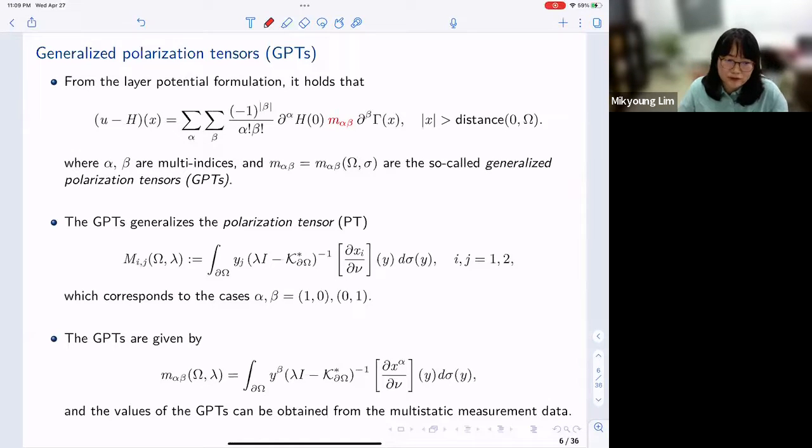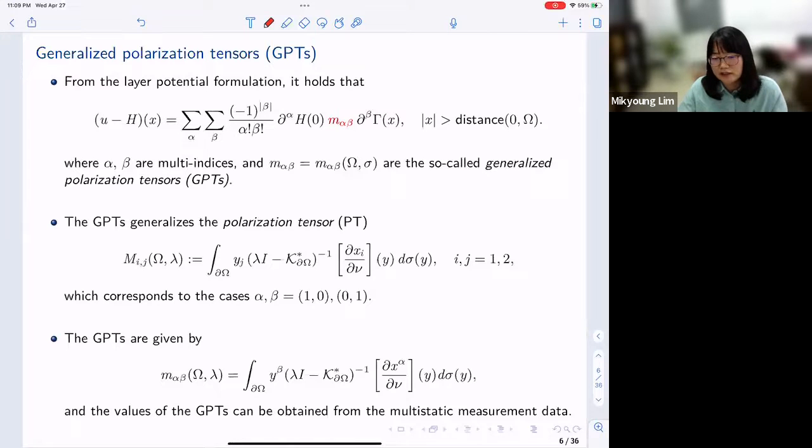And for the higher order parts, m alpha beta are defined in the same way, but with y of higher order. So beta and alpha are multi-indices, and it just generalizes the PT definition. And the values of GPTs can be obtained from multistatic measurement data. So from now on, I assume that from the measurement, the GPT values are given.